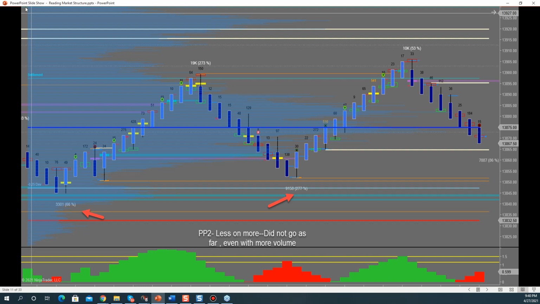But the power play 2 is confined to a 30 tick chart in a range bound market, with the peaks being within a bar size, which is 30 ticks. That's the difference. But it's the same concept of more volume, but doesn't go as far. Gets rejected, and you see what happens, right?